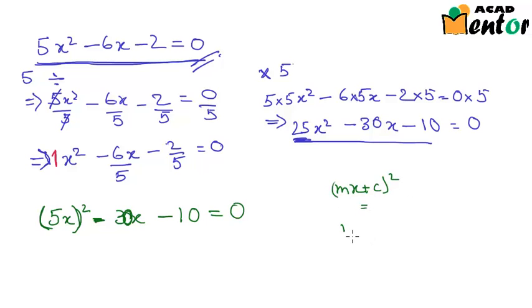So this was m square x square, that is the first term. The middle term was plus 2mcx. The middle term is always the one with x to the power 1. And minus 30 should be equal to plus 2mc. And then the constant term was c square minus n.